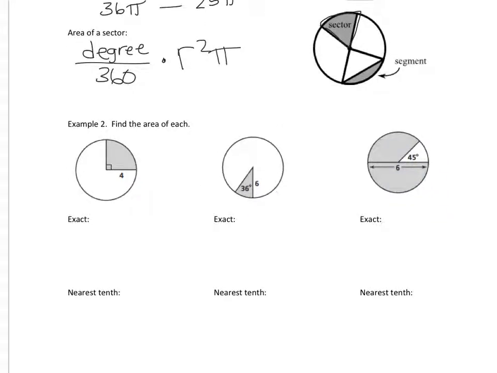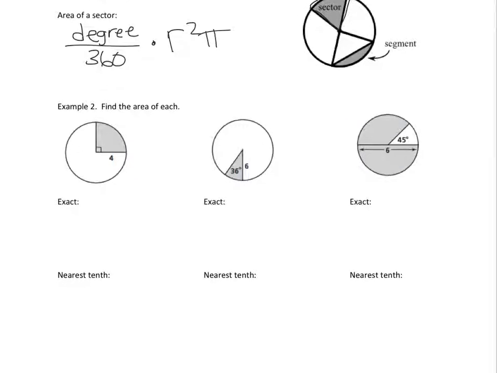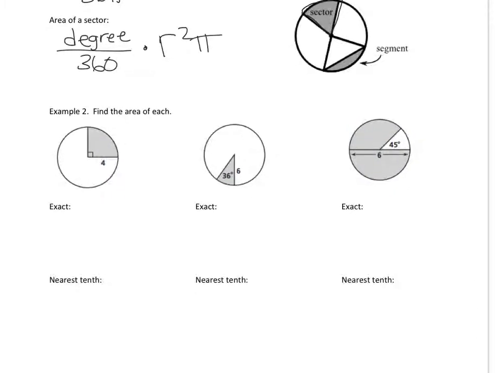Just like circumference, we had an exact value and the nearest tenth, and we're going to do the same thing here. Exact would be the angle measure, which is 90 over 360, and then you multiply it by 4 squared pi. 90 divided by 360 is 1/4.